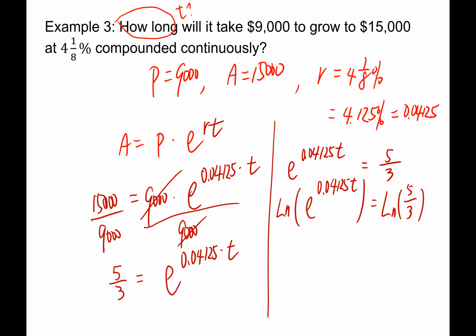Now ln and e undo each other. So we end up with 0.04125 t equal to ln of 5/3. So the very last thing, dividing both sides of the equation by the decimal number 0.04125.